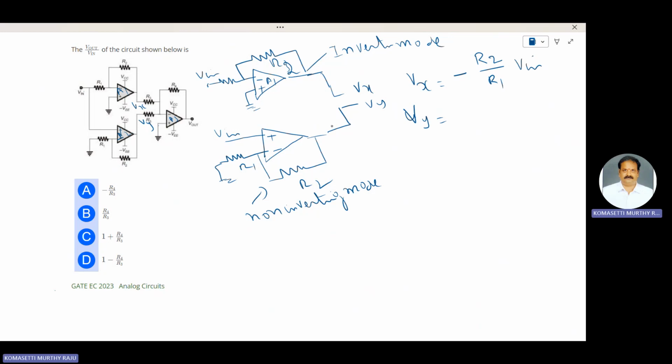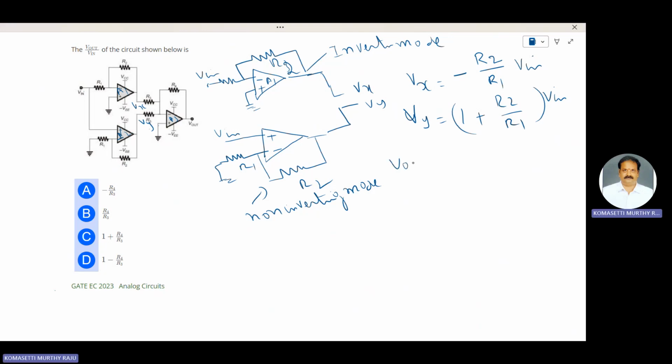Vy is, as this op-amp is in non-inverting mode, 1 plus Rf by R1, where Rf is R2, that is 1 plus R2 by R1 into Vin. Vx and Vy are applied to a summer circuit.